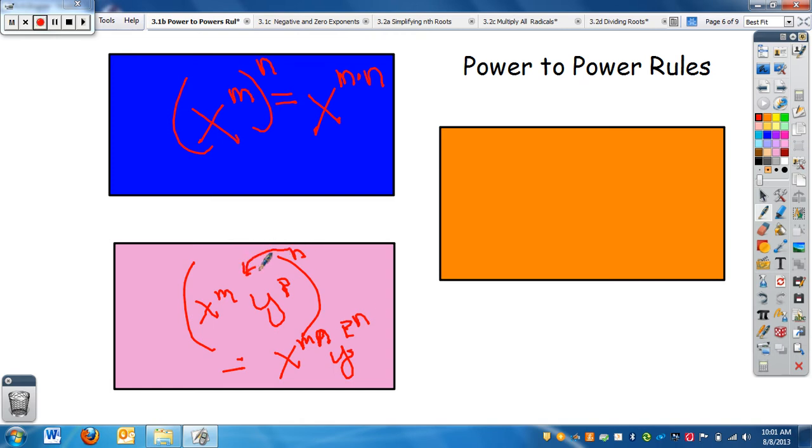And you're kind of distributing that n. Alright, and then lastly, if you have a fraction, so you have x to the m over y to the p, to the n power, you're still distributing, you're still multiplying it through to every exponent. That's x to the mn and y to the pn.